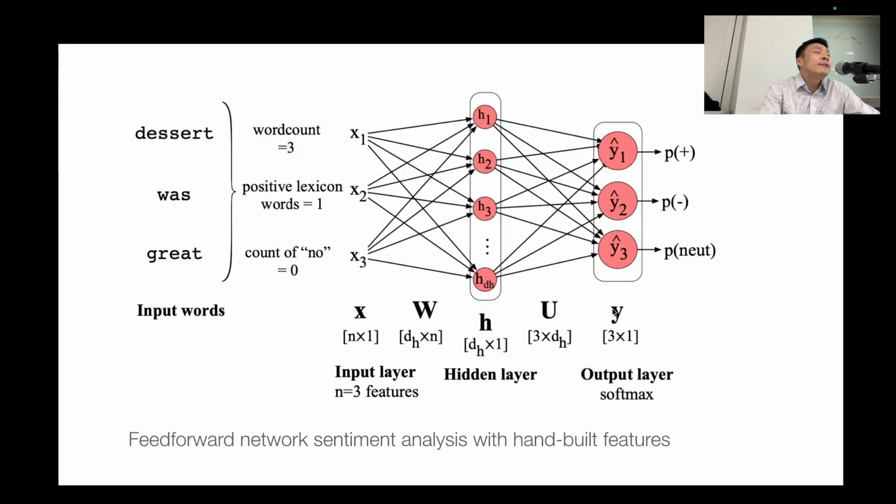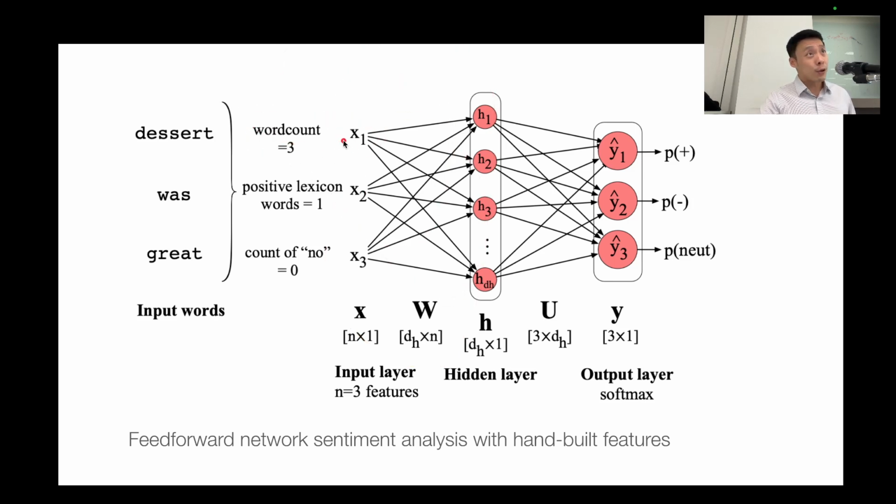How do we use it for NLP? Cool. So one way to do it is sentiment analysis again. You can hand design any feature vector and use it as an input. So if you have a review like "dessert was great", for example, you could use some really simple feature vector like this one.